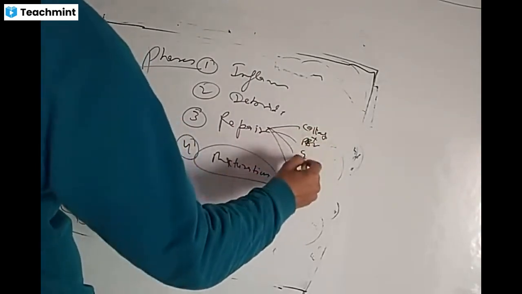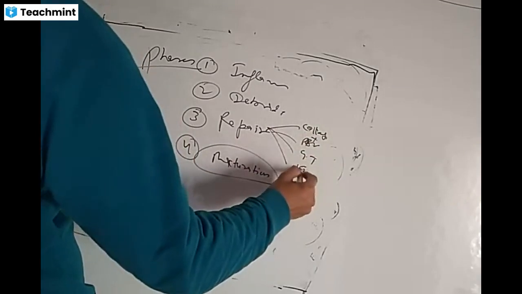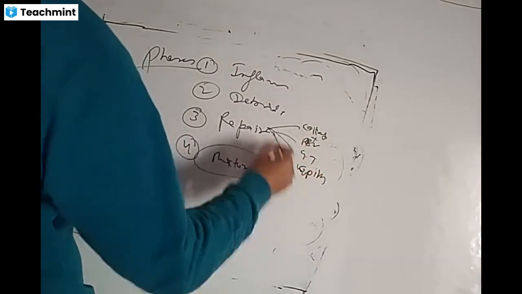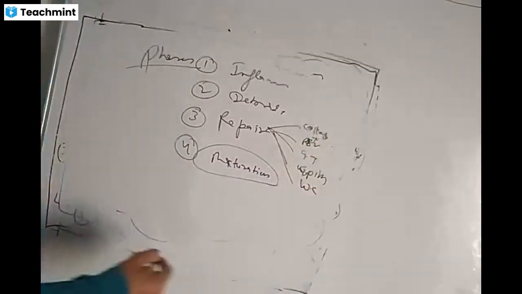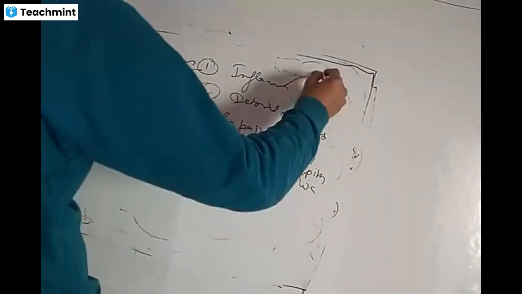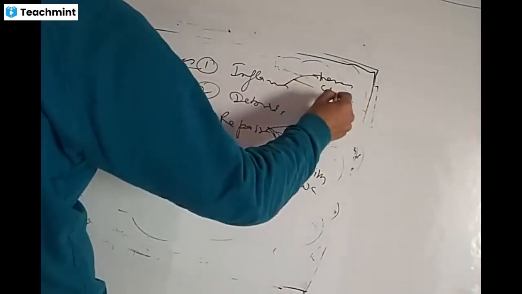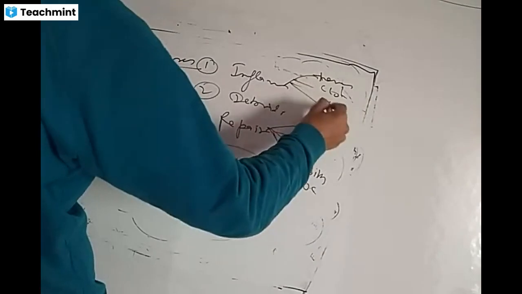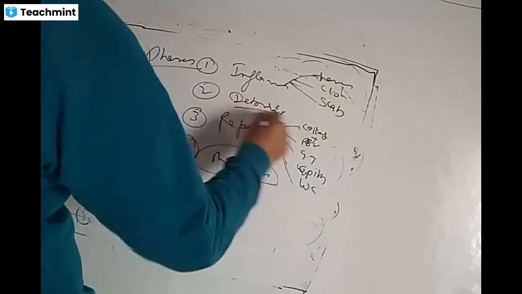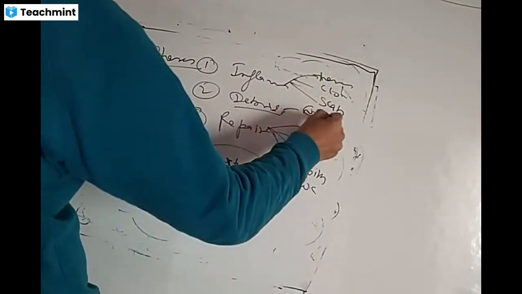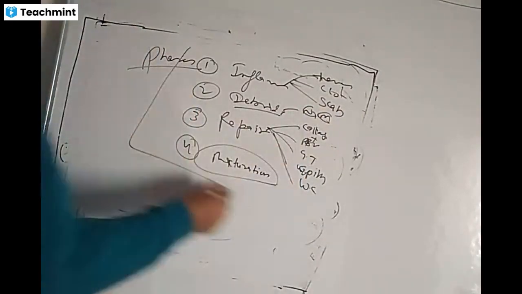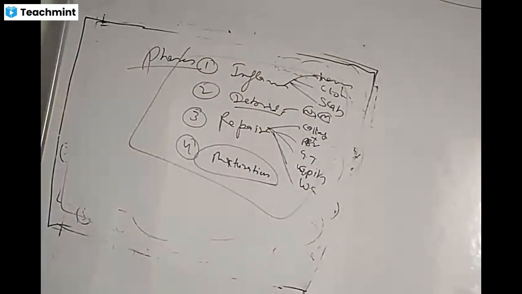If you combine both, granulation tissue, epithelialization, and wound contraction. Inflammation, hemorrhage, clot, and scab. Debridement by neutrophil and macrophages. So these are the four phases of your wound healing.